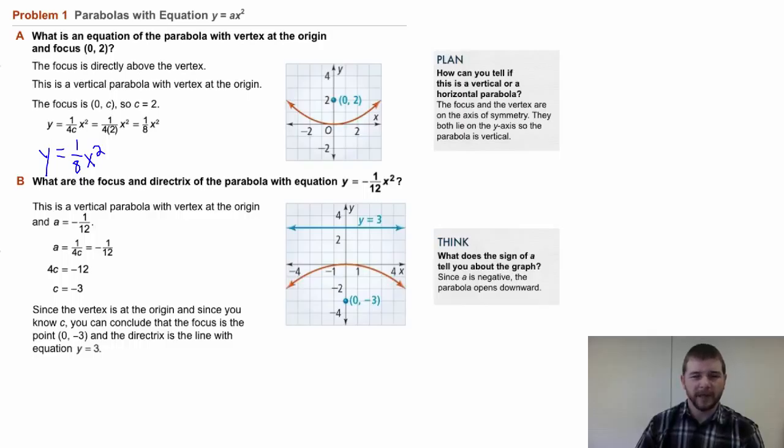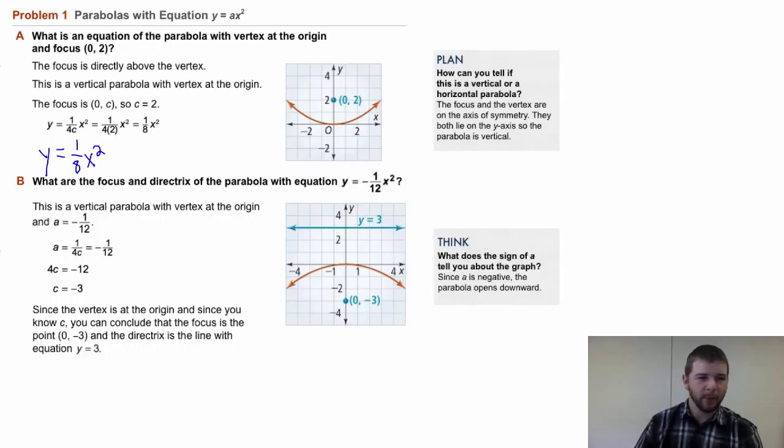Before we move on to part B, let's check out the plan box on the right-hand side. It says, how can you tell if this is a vertical or a horizontal parabola? Well, one thing we know about parabolas, the focus and the vertex lie on the axis of symmetry. In this case, the focus and the vertex were vertical from one another, meaning that we have a vertical axis of symmetry and therefore a vertical parabola.